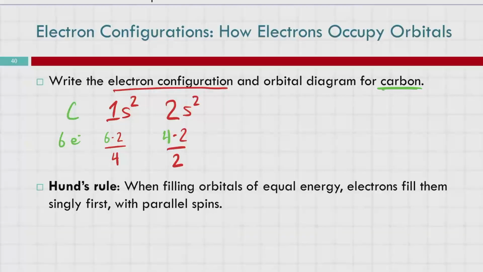We're in n equals 2, so we've got 2 shape families. We've got 2 letters that we can access. What's our second letter? The second letter is p. So we're going to write 2p. Who remembers how many shapes we have in our p family, our peanut family? How many peanuts do we have? 3 peanuts. We have odd numbers of shapes. So for s we have 1, for p we have 3, for d we have 5, for f we have 7.